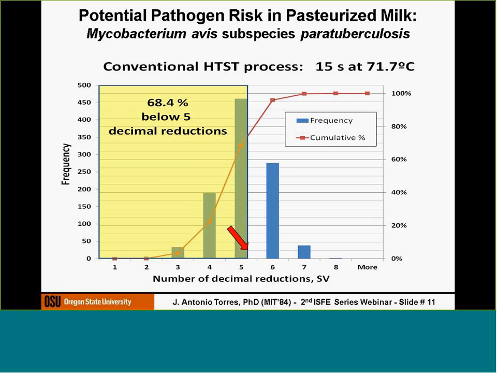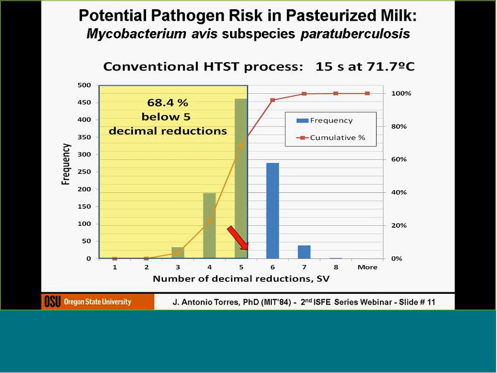And here with this histogram, we are plotting on the horizontal axis the number of decimal reductions and the frequency of that event, and now we have the cumulative frequency of that event. The goal is to have at least 5 decimal reductions.